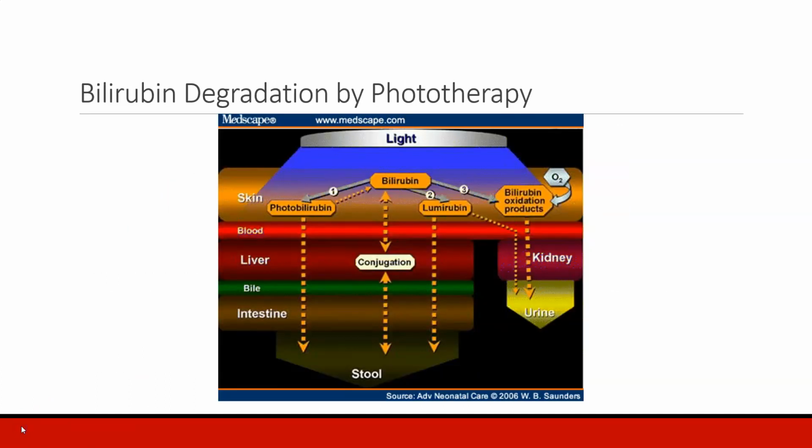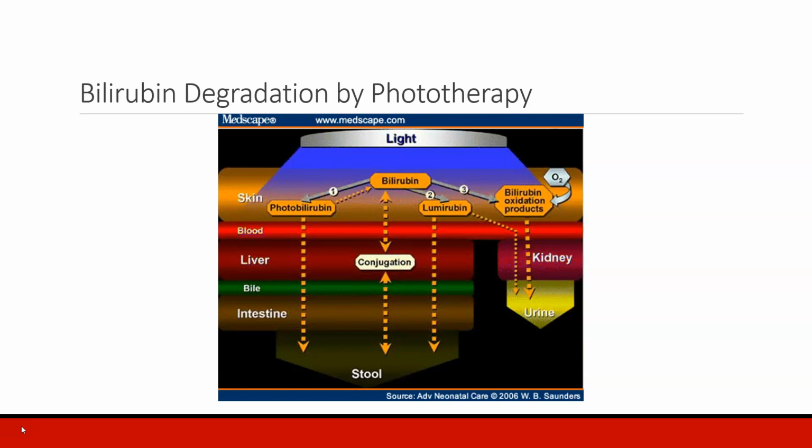I like this picture because it illustrates bilirubin degradation by phototherapy. So you have the light, you have the bilirubin, and then you see the breakdown of bilirubin by this light into different components at the skin level. These components then go into the blood, they go to the liver, some of them go to the kidney, then in the liver they are processed into the bile, which is processed into the intestine.